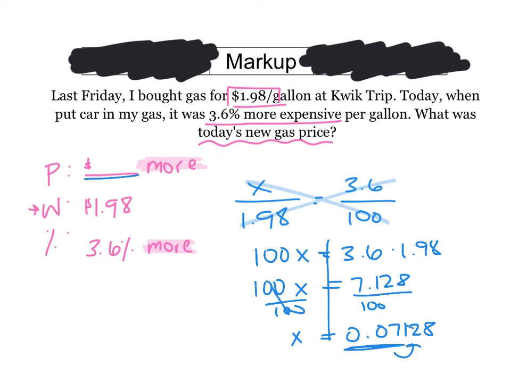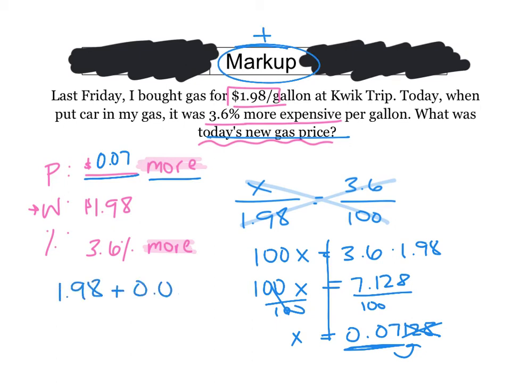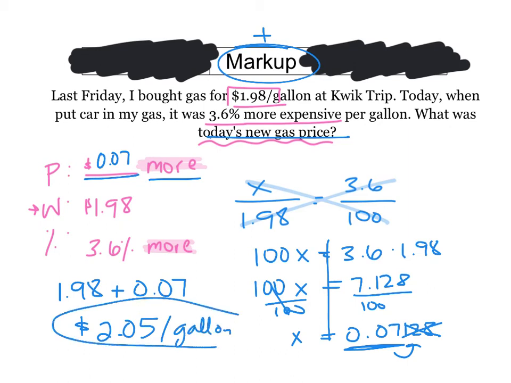The 1 does not make me round up, so it's 0.07, or 7 cents. Now, if we think about this, that's how much more it's going to cost. So what is the new price? Because it's a markup, we'll have to add. It was $1.98. Now if I increase it 7 cents, it is going to be $2.05 per gallon. That is the new cost of gas.